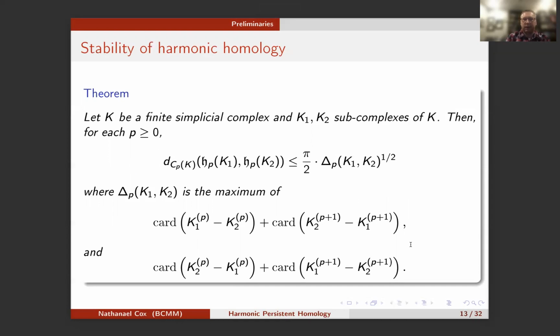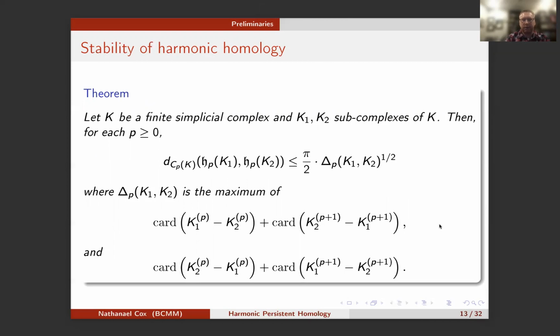So if K is a finite simplicial complex and K1 and K2 are both subcomplexes of K, for each p greater than or equal to 0, we have this stability. So here's the distance on the Grassmannian on C^p(K) between the harmonic homology subspaces of K1 and K2. And we can show that it is bounded above by pi over 2 times the square root of this quantity delta_p of K1 and K2.